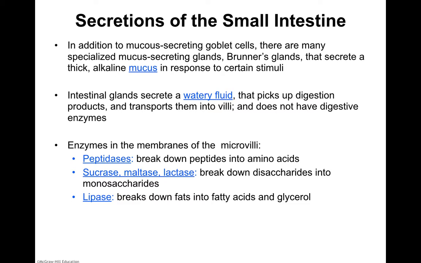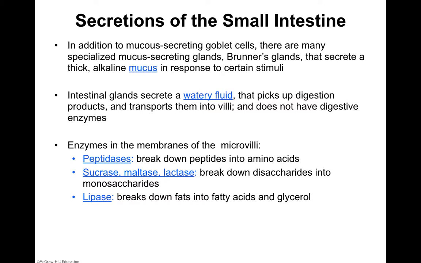Enzymes in the membrane of the microvilli, though, include peptidases, sucrase, maltase, lactase, and lipases. The peptidases break down peptides into amino acids or into short polypeptides of 3 to 4 amino acids. Sucrase breaks down sucrose, maltase breaks down maltose, and lactase breaks down lactose.